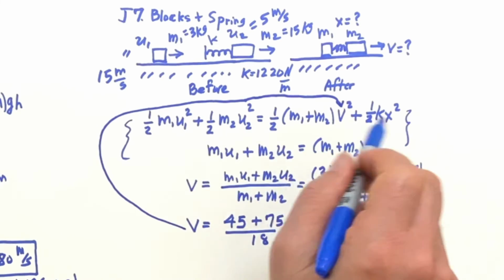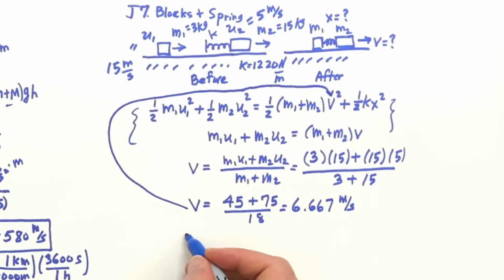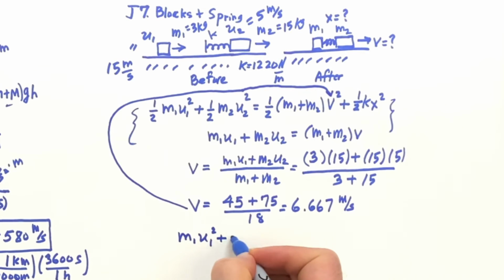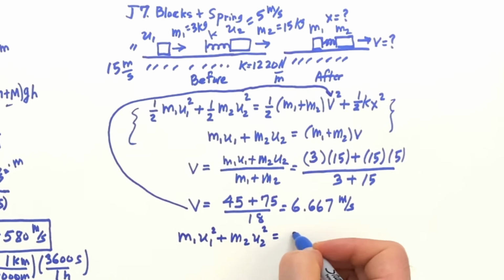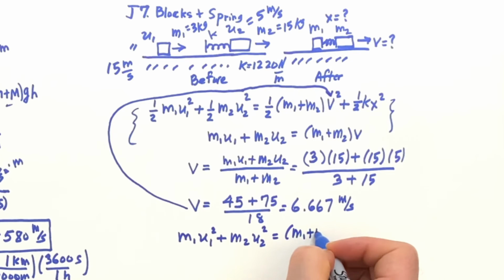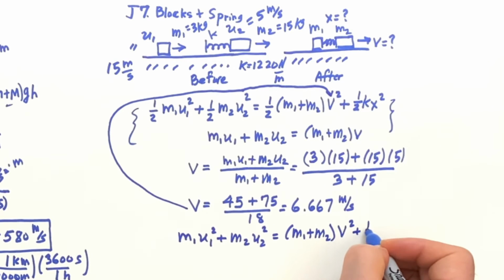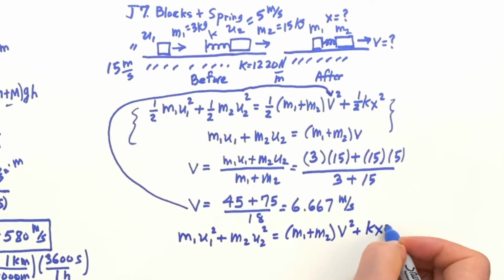Now, those 1/2, I want to get rid of all those. So here, I'm going to multiply through by 2. So the energy equation is m1u1 squared plus m2u2 squared is equal to m1 plus m2 times v squared plus k x squared.